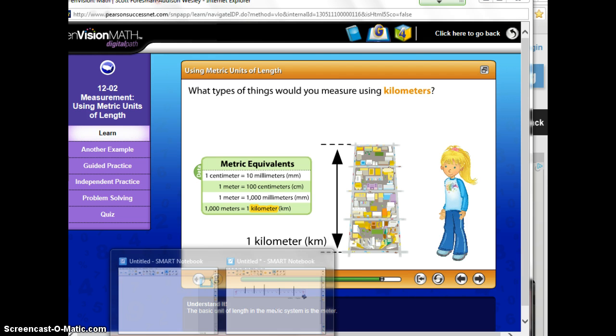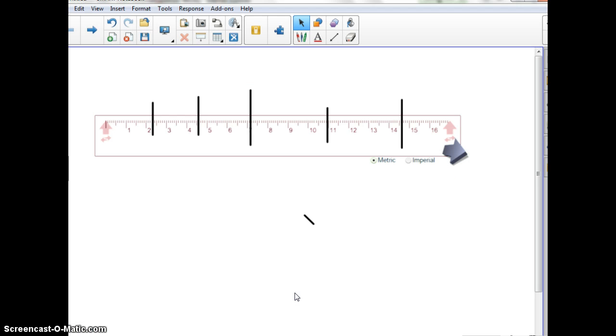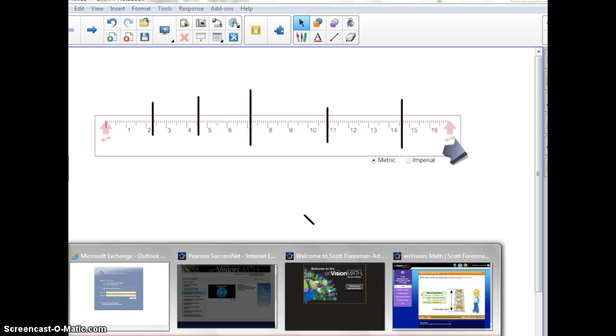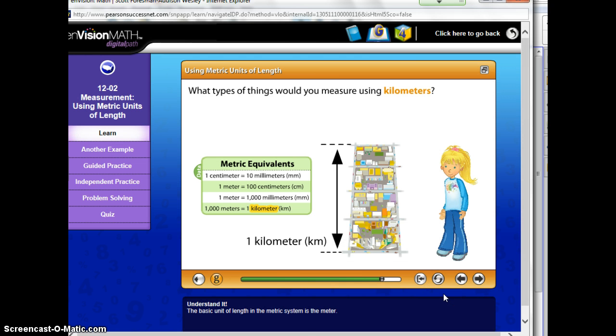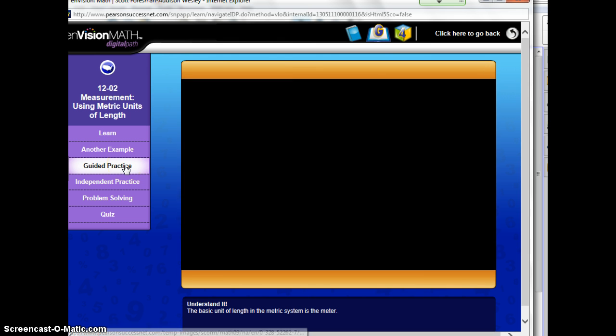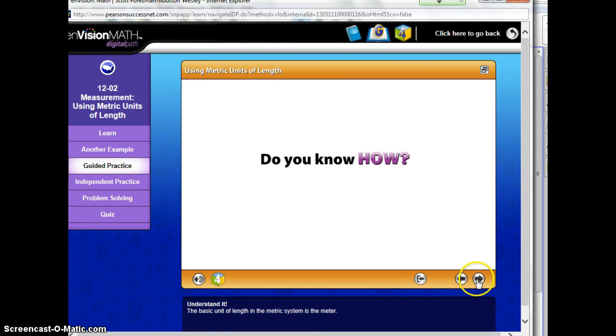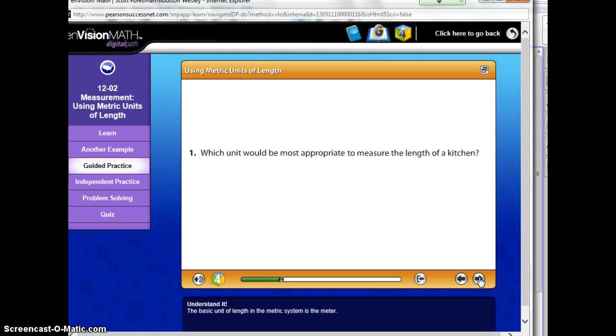Okay, now I want us to take a quick look here. I'm going to back up, and we're going to take a look at a few examples. What would be the most appropriate unit of measure if we were measuring the length of your kitchen?